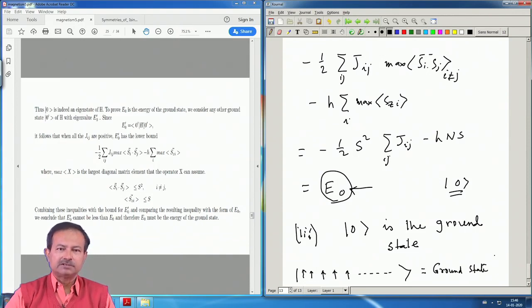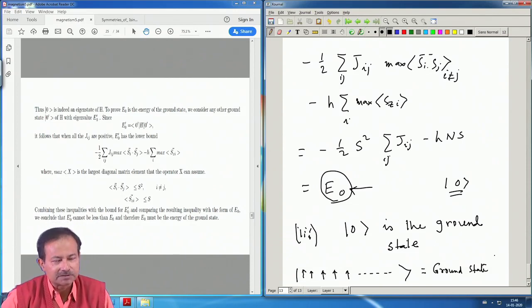This is a very lucky situation where your classical intuitions work out and give you the right ground state.